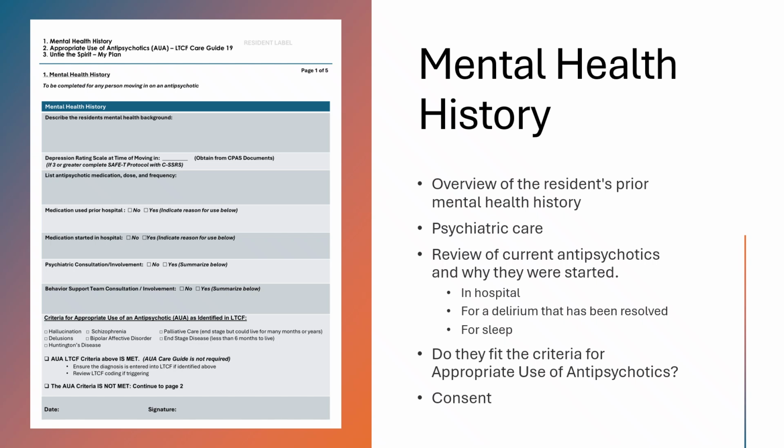Or is it for sleep, which is not effective? They just become very sedated. And we actually work 24 hours a day, so if someone is awake during the night, that's okay. We will also look at whether they fit the criteria for appropriate use of antipsychotics. We don't have it on this particular document yet, but we will have a place for the consent, so that we understand that the consent has been done with the family when we look at this first front page.